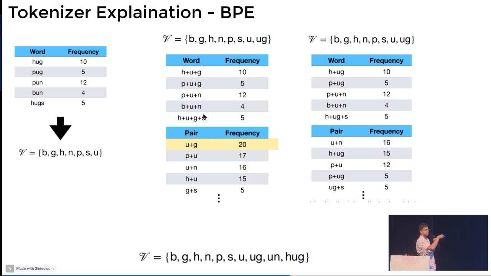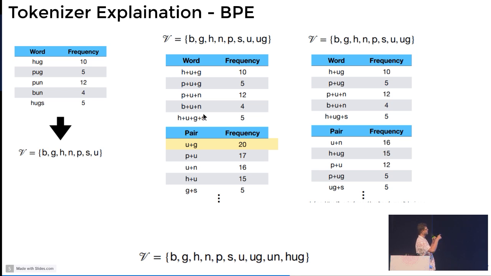Now initially we will create a set of unique characters. If you see V, which is nothing but the vocabulary, H, G, B, these are the unique characters present in the whole corpus.